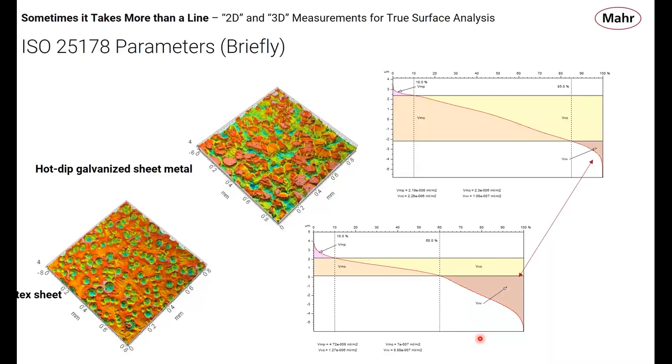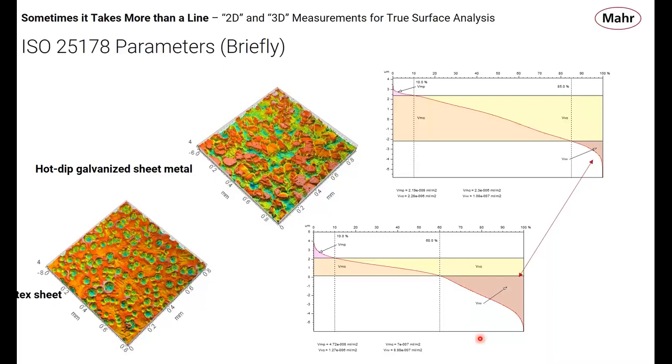These ISO 25178 parameters that we get off of this chart, you could certainly get off of a 2D data set, from a profile, and I'll explain what they are in a second. But they do not have the correct meaning. In the case of an Abbott-Firestone curve from a 3D data set, we can say that these represent a volume of material on the surface.